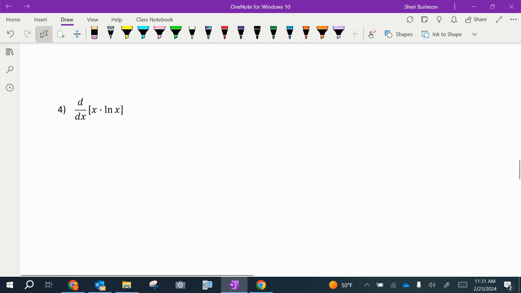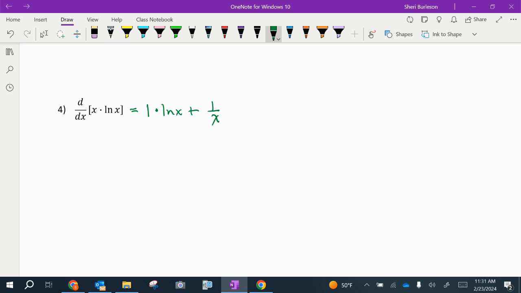This next example is a product rule. If you think that you can do this one, go ahead and pause the video and try it yourself. So for the derivative of a product, I want the derivative of the first times the second plus the derivative of the second times the first.